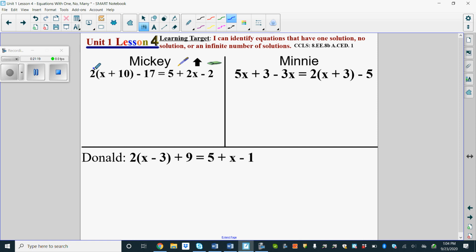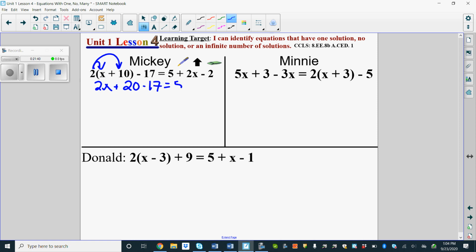But from looking at all of these, there really is nothing you can say about them until you do some work and combine like terms. So we can't just start by saying, okay, we know the solution to this. So let's start by getting rid of these parentheses. 2 times x is 2x. 2 times 10 is plus 20 minus 17.